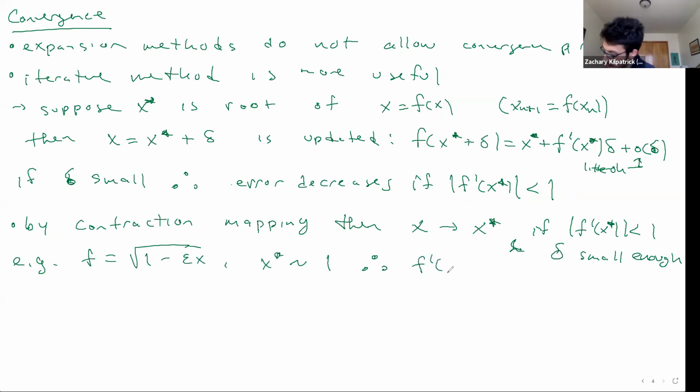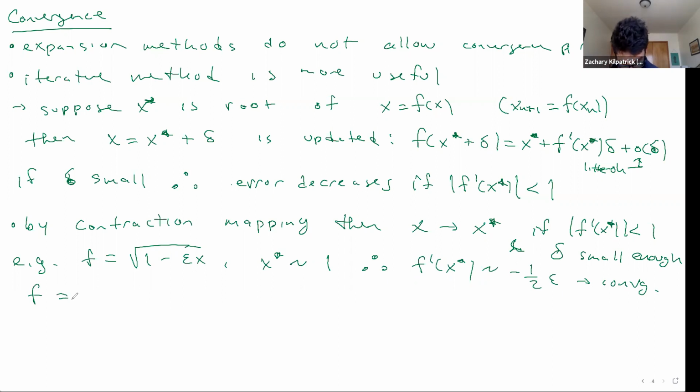Therefore, f prime of x star is going to be roughly equal to minus 1 over 2 epsilon. That's small. So that suggests that we'll get convergence, as long as I start close enough to the root and x star is presumably close to the root.